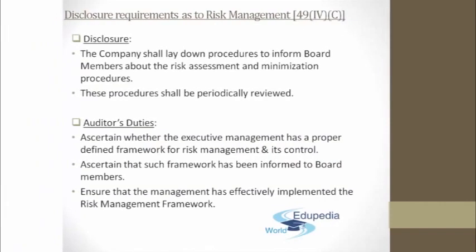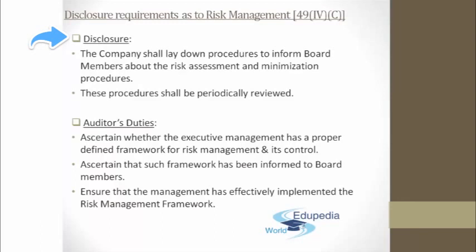Now moving on to the third disclosure requirement, and this is with relation to risk management. So what are the disclosure requirements as to risk management as per clause 49 4C? The company shall lay down procedures to inform the board members about the risk assessment and minimization procedures, how to minimize the risk which has been assessed.